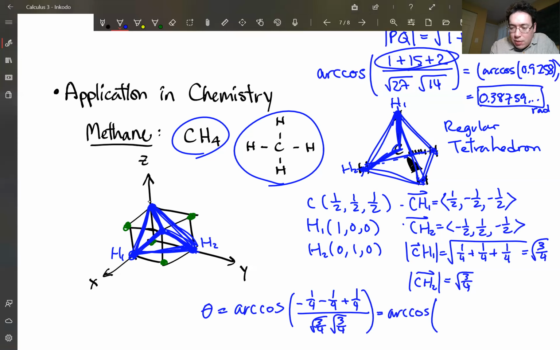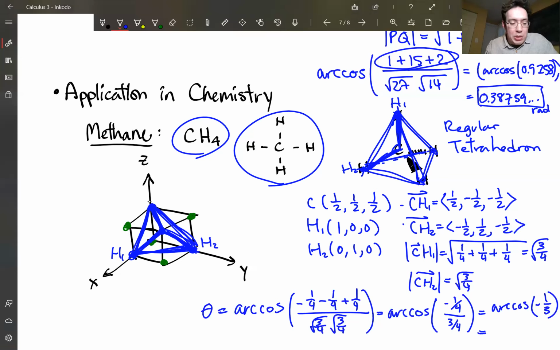So we have negative 1/4 divided by root 3/4 times root 3/4, which is just 3/4, or ArcCosine of negative 1/3.